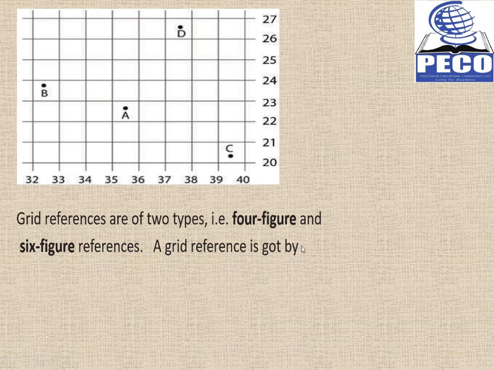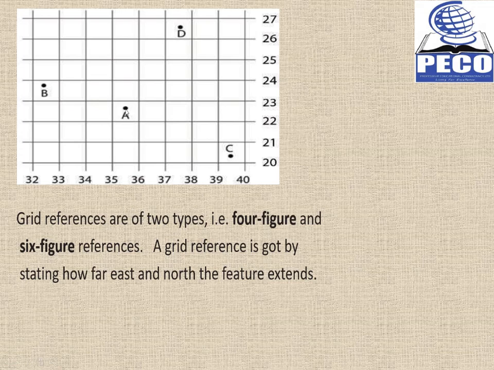Then the other type of grid reference is what we call the 6-figure grid reference. A grid reference is got by stating how far east and how far north the feature extends.